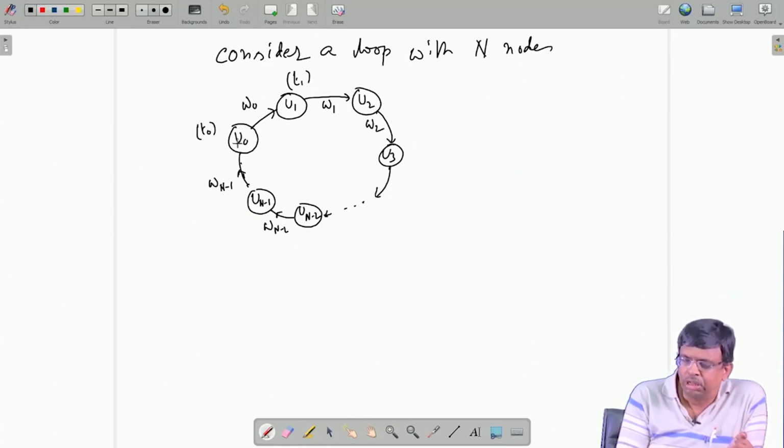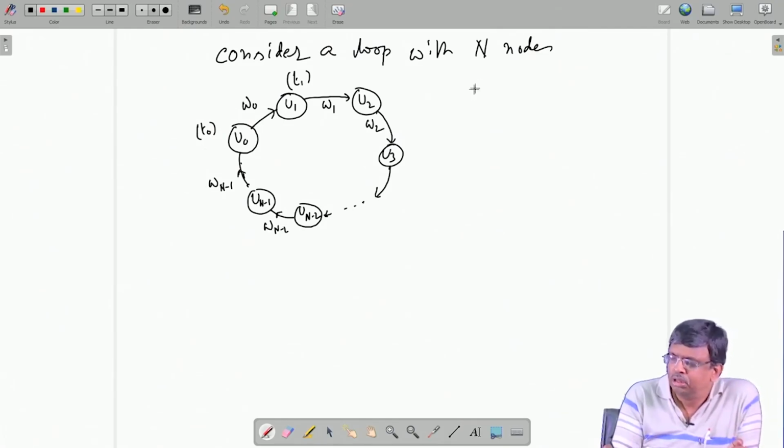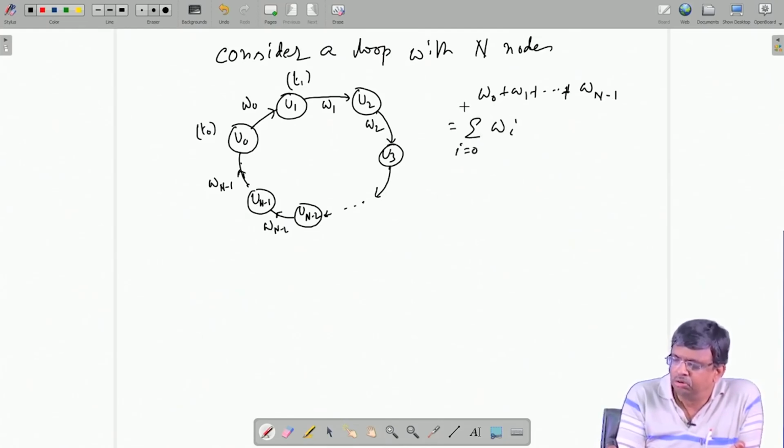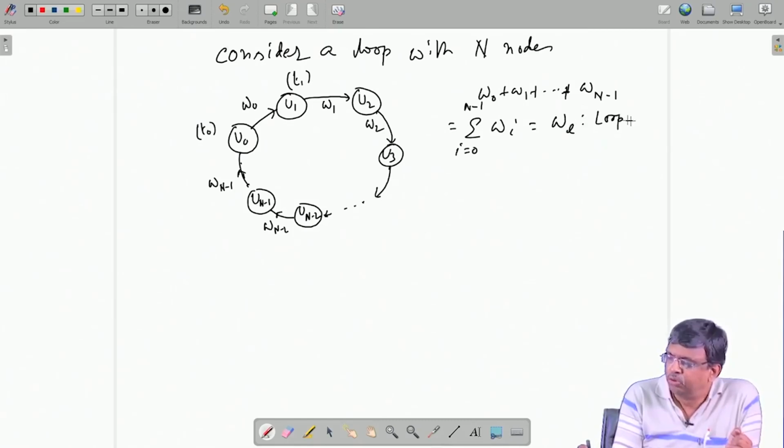In the loop I have shown the computation time for every node and the delay between every two pair. If you add up all the delays in the loop, that is, W0, W1 up to W n minus 1, that is sigma Wi, i equal to 0 to n minus 1, that is the total delay available in the loop. It is called loop delay, total delay in the loop.